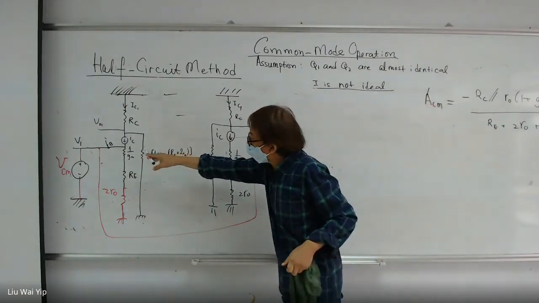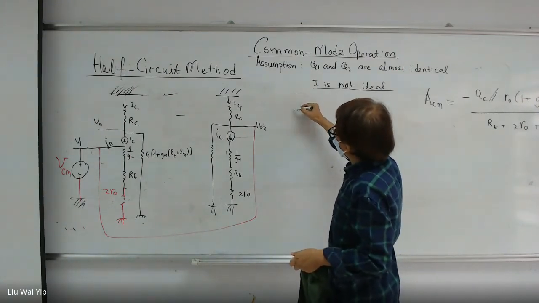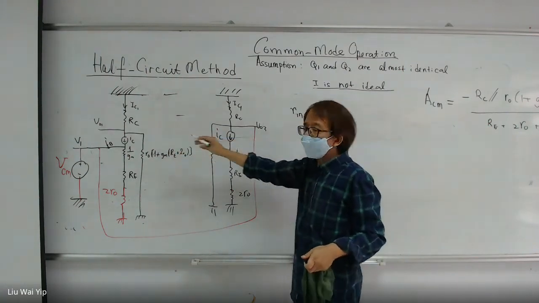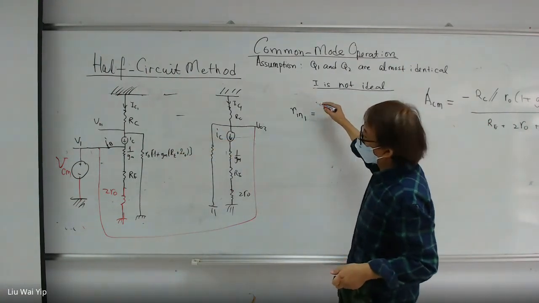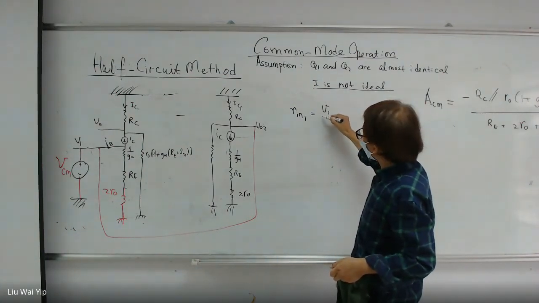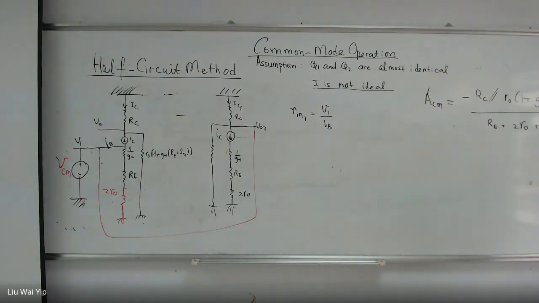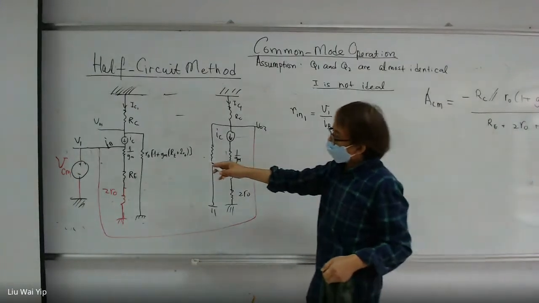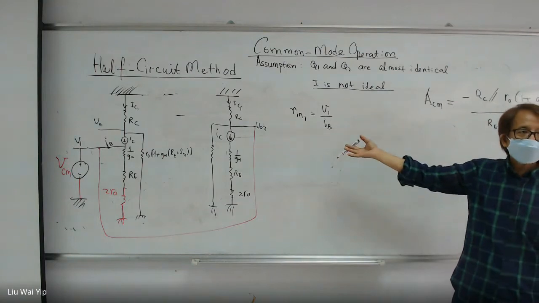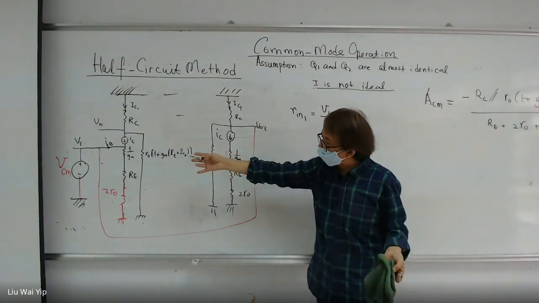The resistance going in, Rin, I will call this Rin1, is equal to V1 divided by IB. Am I right? The voltage divided by the current. And according to this, how can we calculate it?